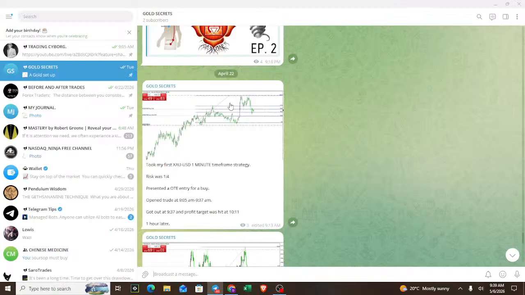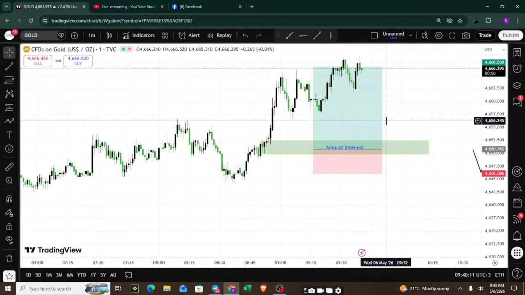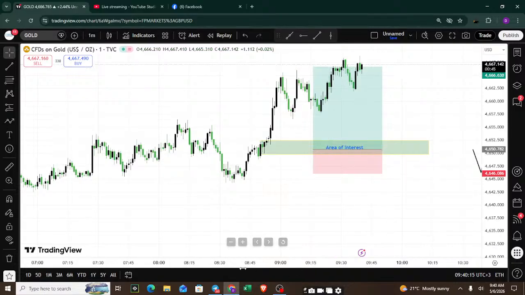Price wicked into a sweet spot level before doing what? Before proceeding to a take profit. So what I like to do every day is, when I am taking a trade, I quickly take a screenshot so that I can remind myself when the times are bad. For example, today when we don't have a very clean setup, these screenshots, let me show you those screenshots.